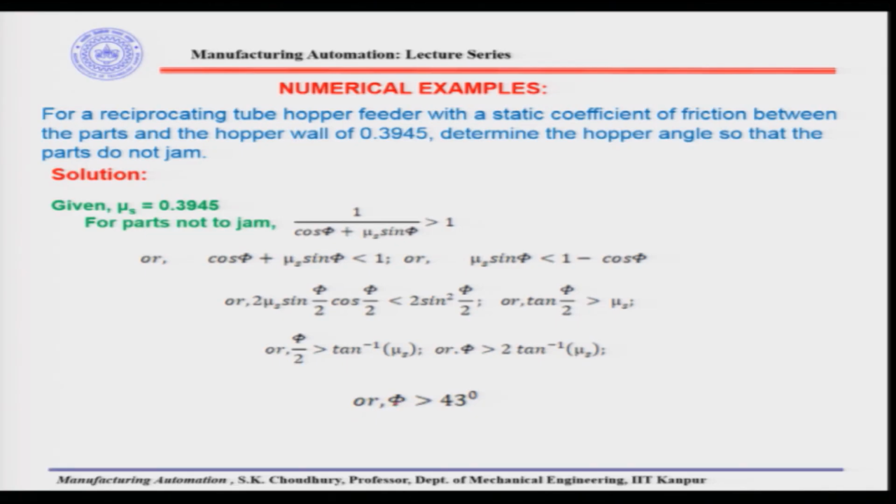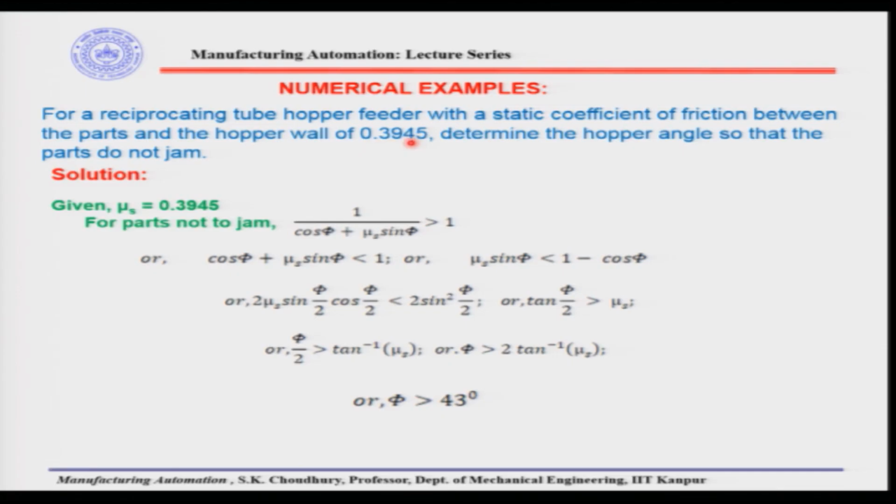So, phi is more than 43 degree because the mu given here is 0.3945. So, ultimately phi has to be more than 43 degree so that the parts do not jam. And here what is given is only the coefficient of friction between the parts and the hopper wall, which is 0.3945.